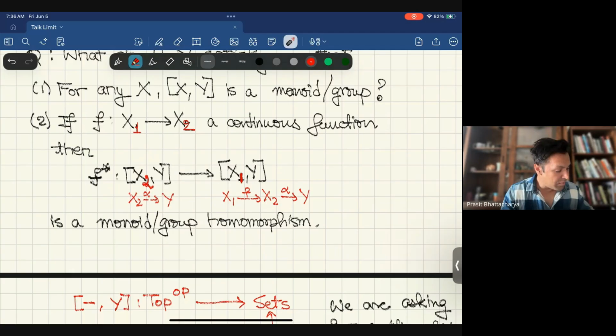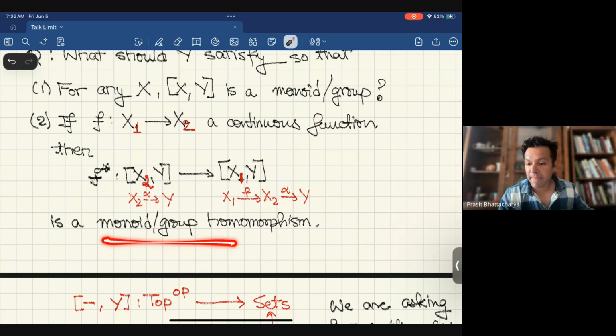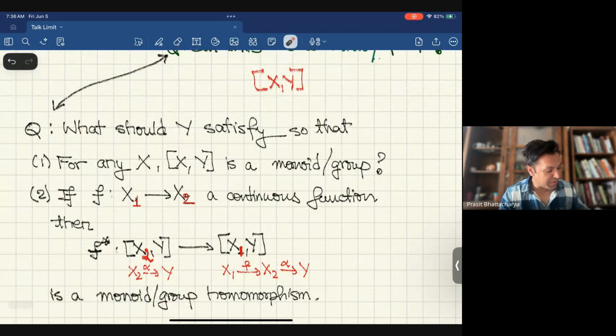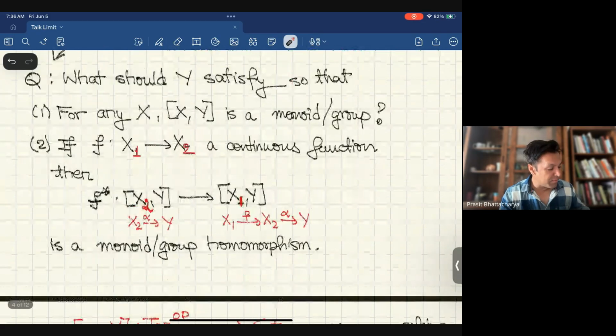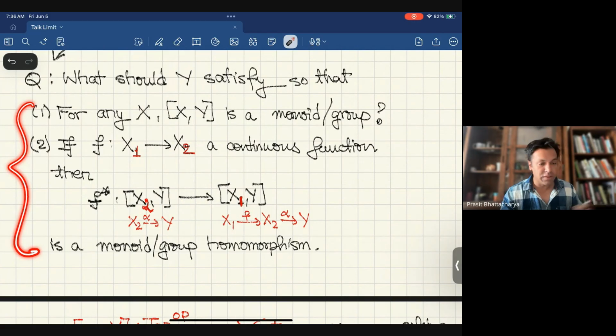And so now, if y is such that this is a group, that's not enough. I want this map to be a group homomorphism, or a homomorphism of monoids. So I want to address this question: when will y have such a property that these two questions will have an affirmative answer?